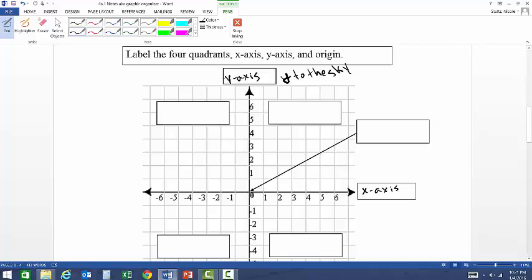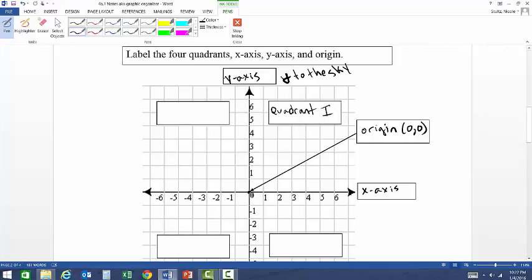We call the dead center of the graph, right here, we call that the origin. And the coordinates of our origin will always be 0, 0. Now the top right quadrant is quadrant 1.